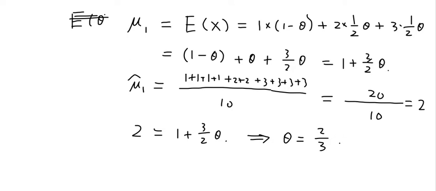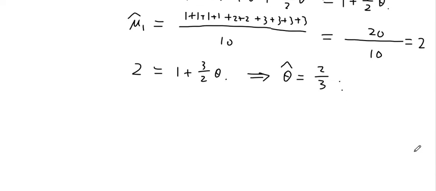Just solve for theta. So this is not a true theta. We say this is theta hat, the estimated theta. So this is the moment estimate. Here we just use the first moment to get the estimate, so we are done.